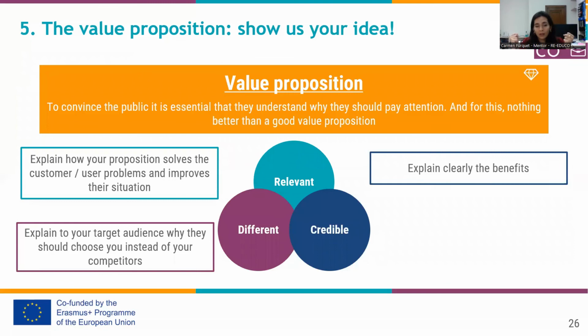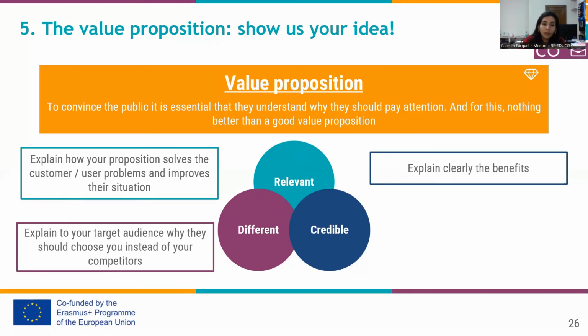It has to be different because you have to explain to your target audience why they should choose your solution instead of the competitor solution. And it should be relevant because you have to explain how you are going to solve the problem of your audience, and not only how you are going to solve this problem, but also how you are going to improve their lives.